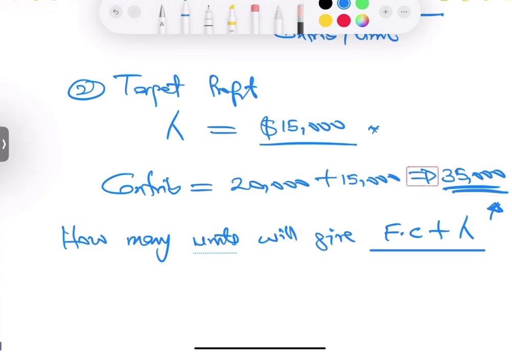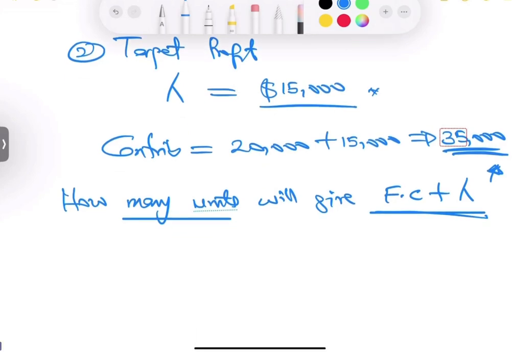So before it was just fixed cost. How many units will be fixed cost? But when we start getting greedy and asking for more than the fixed cost, then we're saying how many units will give that fixed cost plus the profit that we're looking for.